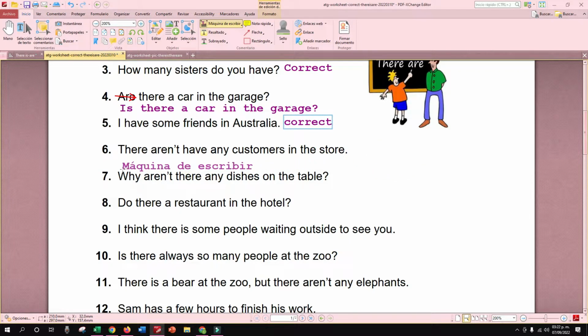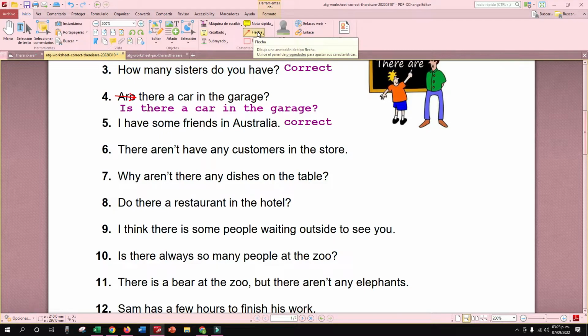What about 6? There aren't have any customers in the store. Is it okay? No, right?